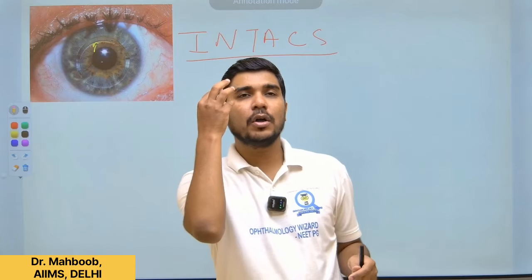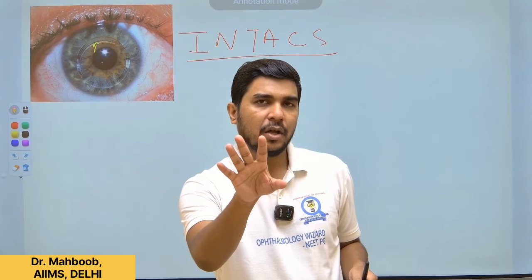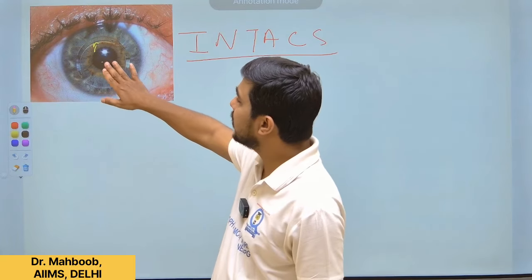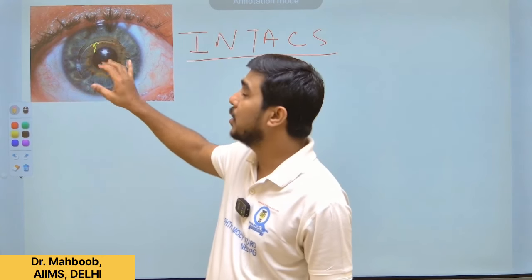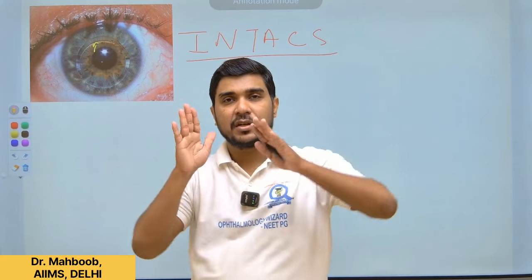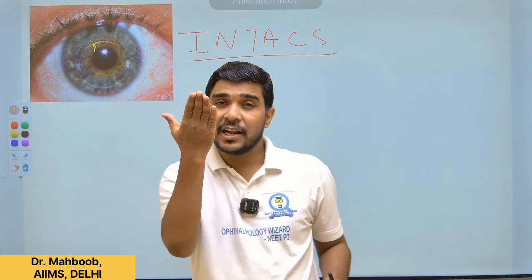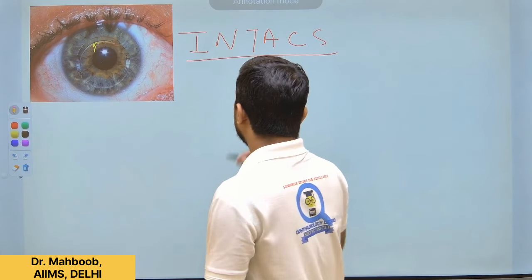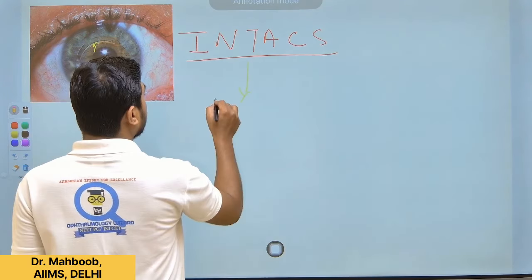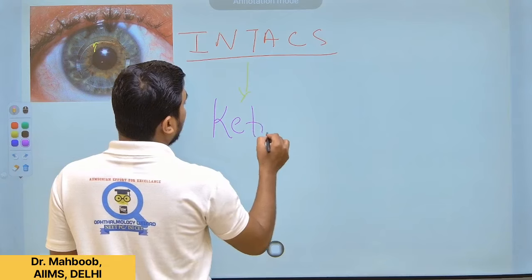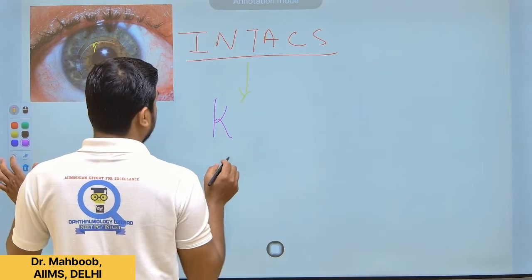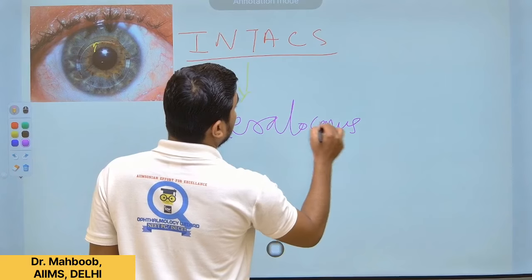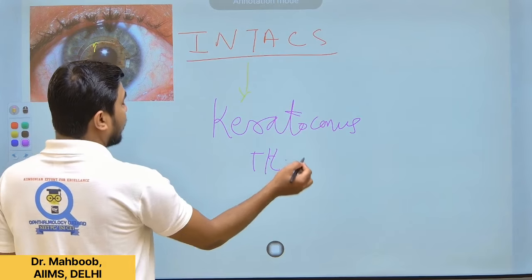Keratoconus is a conical shape of the cornea. When you insert this into the cornea, it will stretch, the central portion will get flattened out, and thus correct the keratoconus. So it is used in the treatment of keratoconus.